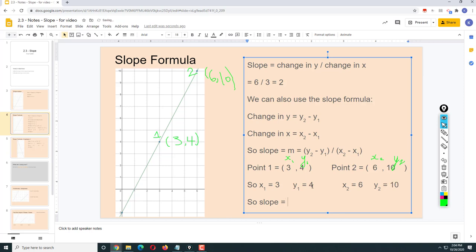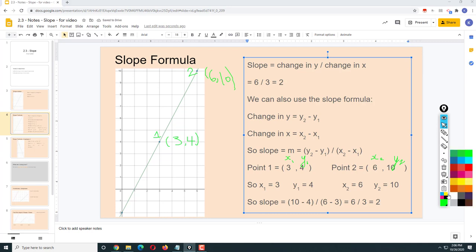Then the slope. So slope is y2 minus y1 over x2 minus x1. What is y2? y2 is 10. y1 is 4. x2 is 6. x1 is 3. 10 minus 4 is 6. 6 minus 3 is 3, which is 2.